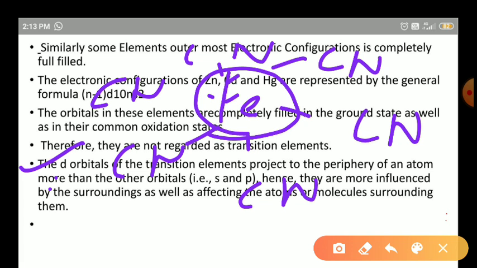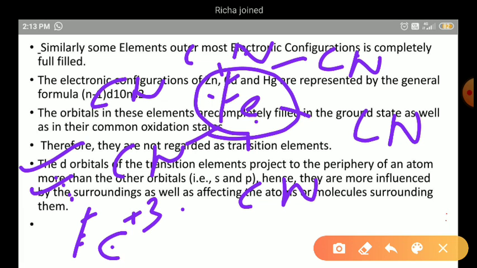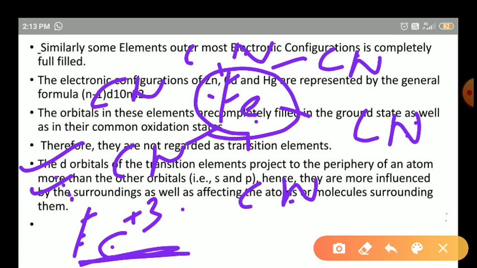This is the meaning of this last point. Look at the example here. Fe forms only the plus 3 oxidation state, Fe plus 3. Maximum is plus 3.